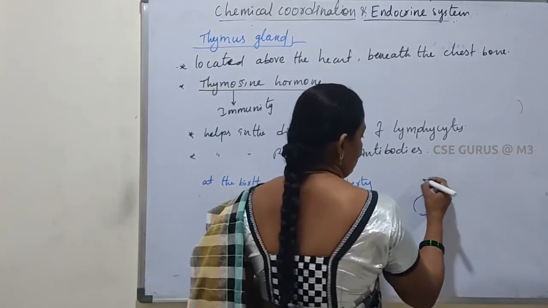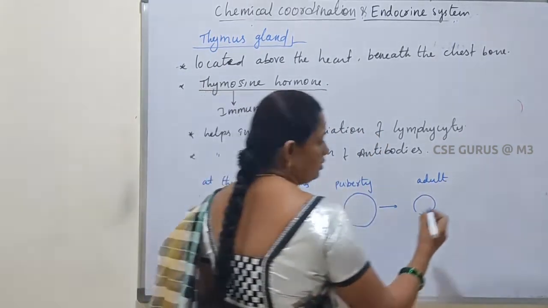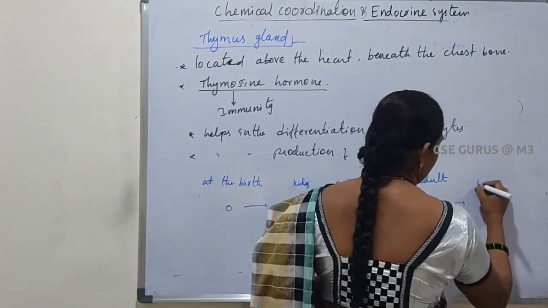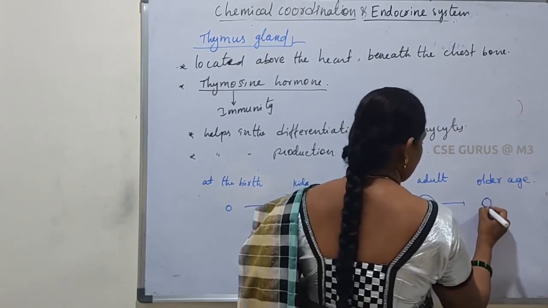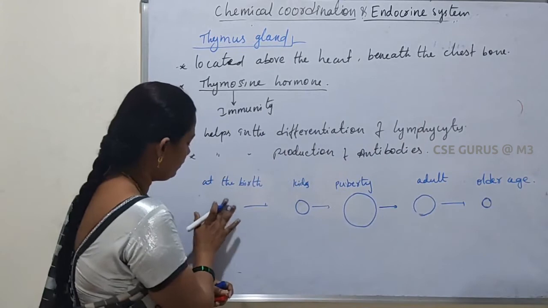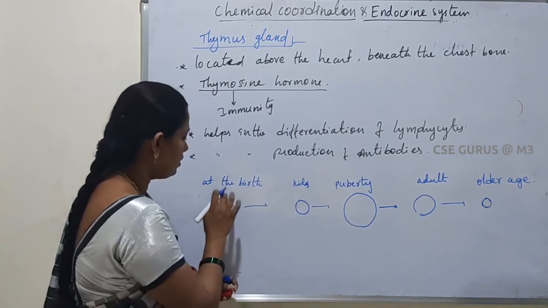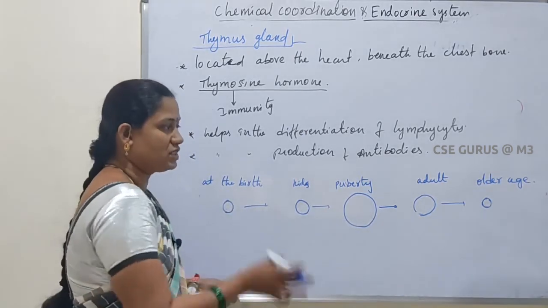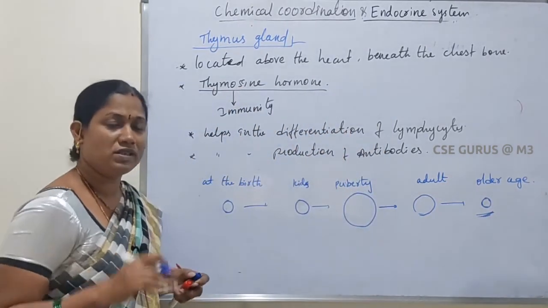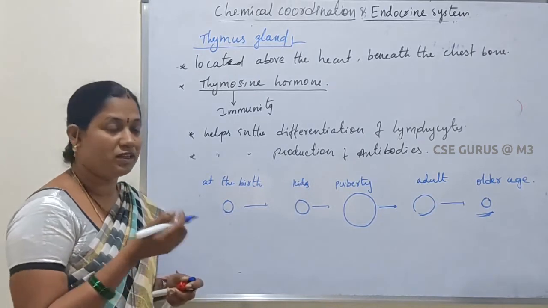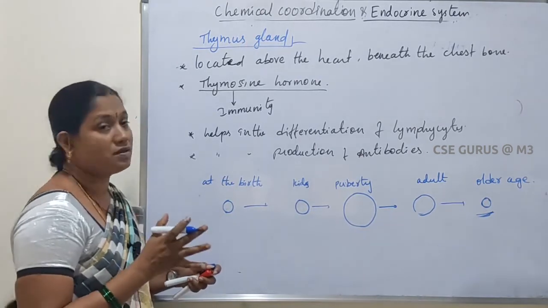In adults the size decreases again. In older age, the size reaches the size it had at birth. That's why in old people the immunity power is decreased, because of the decreasing size of the thymus gland.